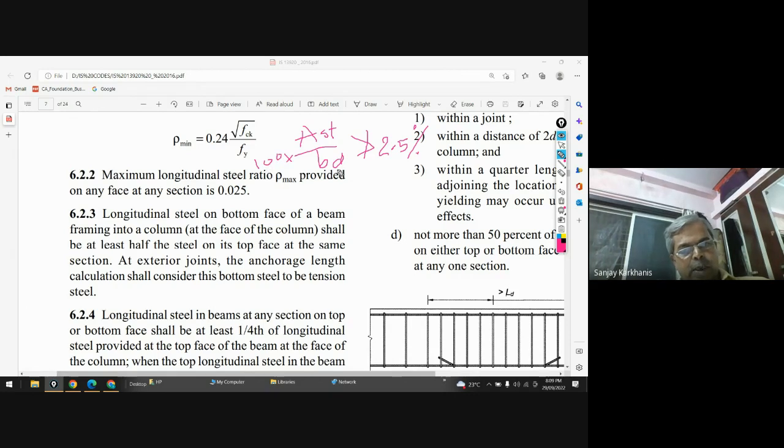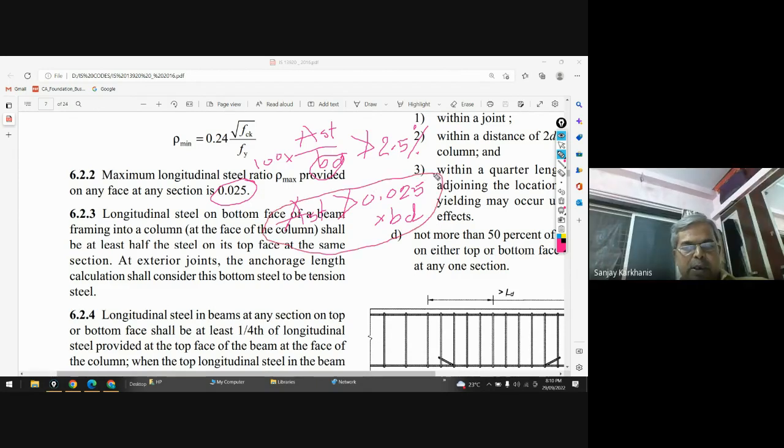So 100 Ast by bd shall not exceed 2.5, or you can say 0.025. That means whatever is your bd, let's say if I call this Ast, so Ast max shall not exceed 0.025 into bd. Clear? Yes, sir.